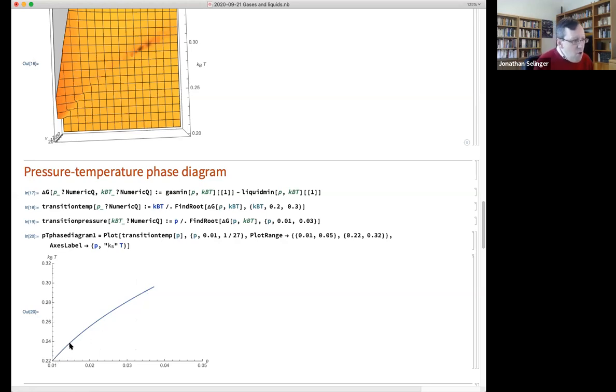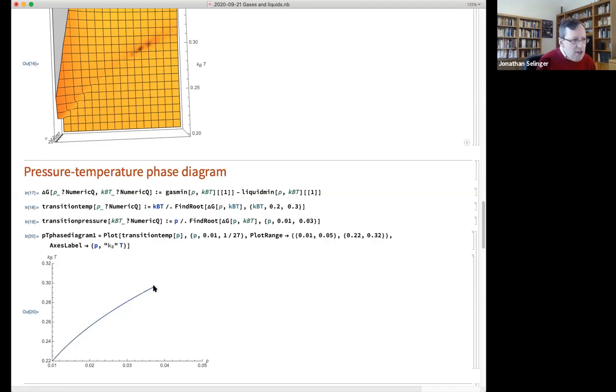Now, as you go along the boundary, this is the phase transition between gas and liquid. And the jump between gas and liquid keeps getting smaller, smaller, smaller. Right here, the jump goes to 0. This is the critical point in the phase diagram.